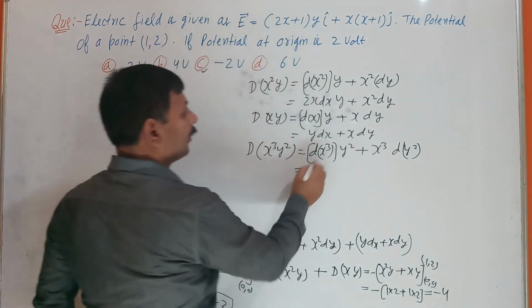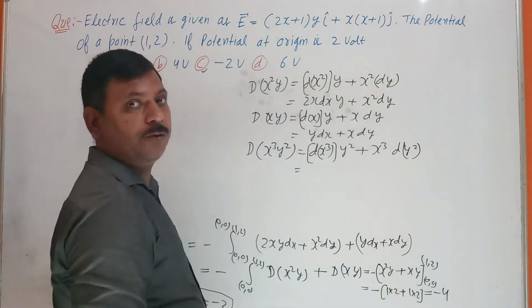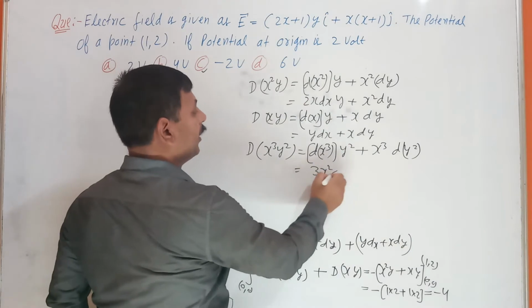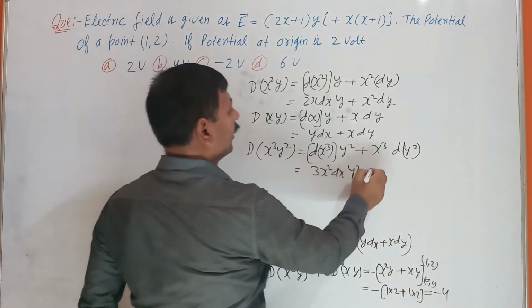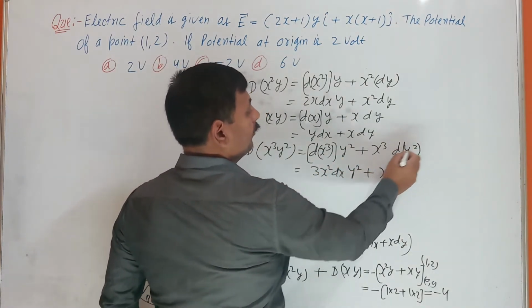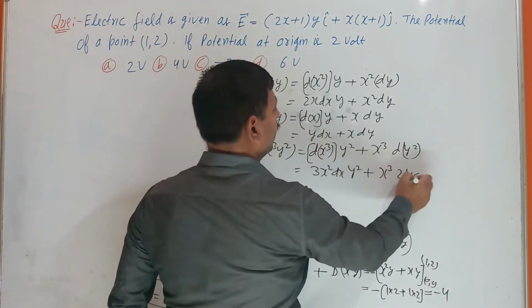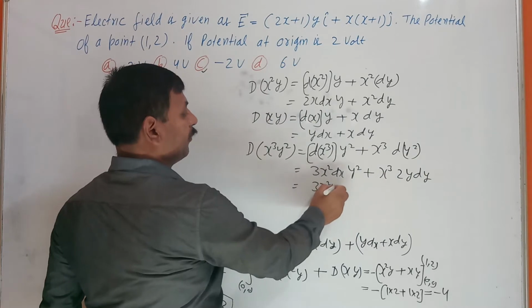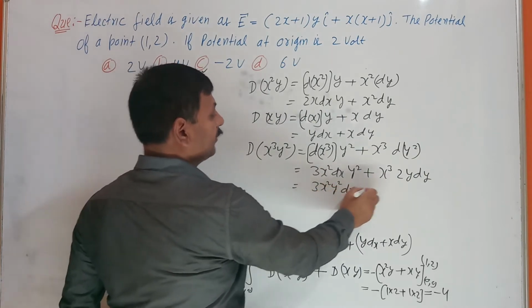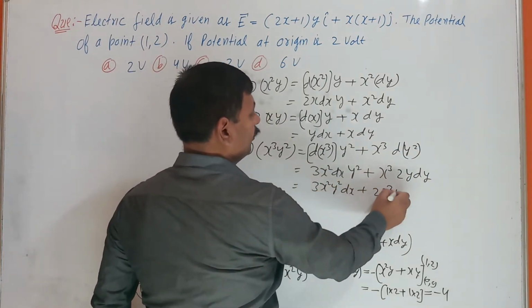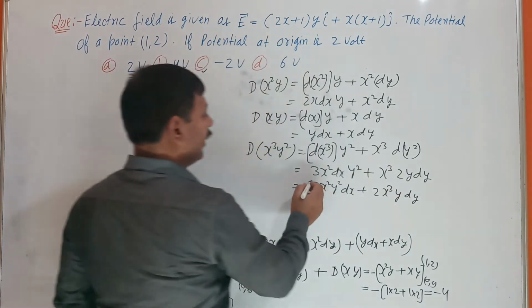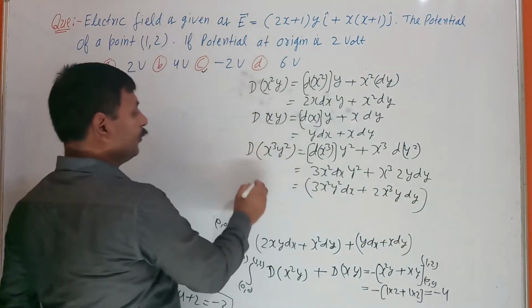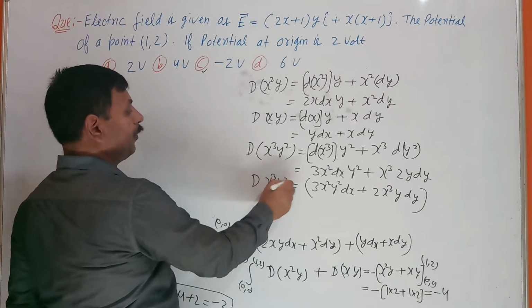What will come? Differentiation of x cube is 3x square dx, and y square differentiation is 2y dy. You can see here 3x square y square dx plus 2x cube y dy, that total is equal to d of x cube y square.